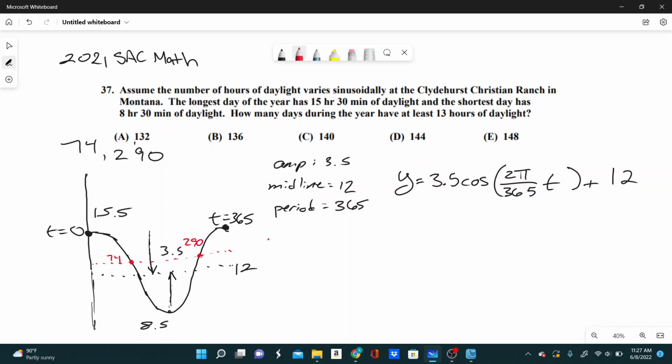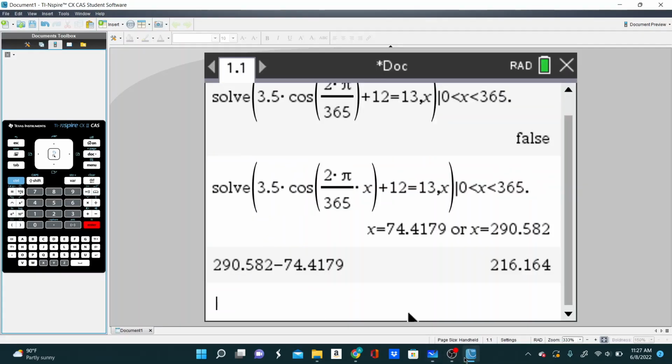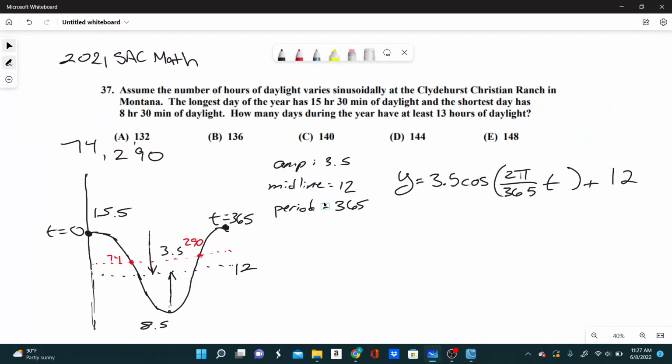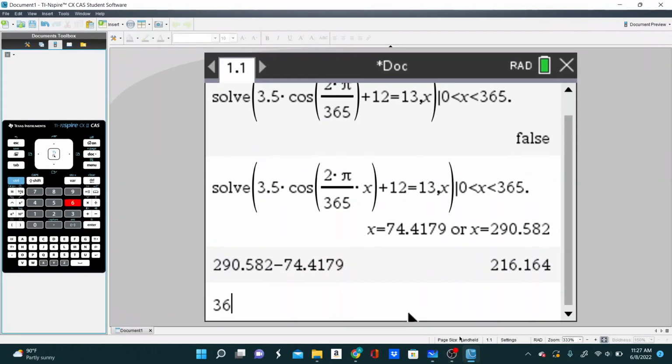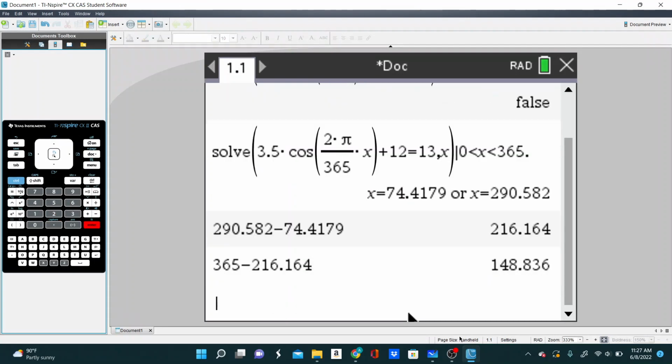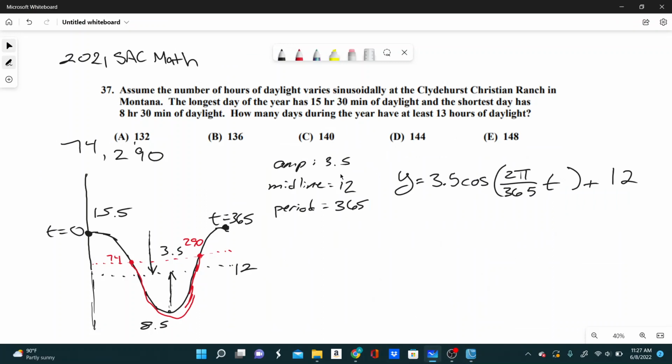And so actually, the difference that we found of 216 will be the part that's under 13. To find the part that's over 13, we just do 365 minus that. So 365 minus 216.164, and we get 148 days, 149 days, and that's answer choice E.